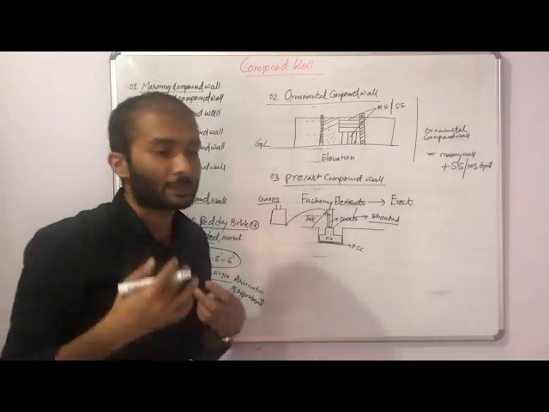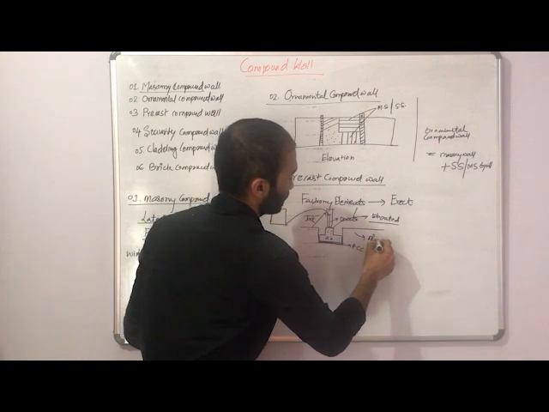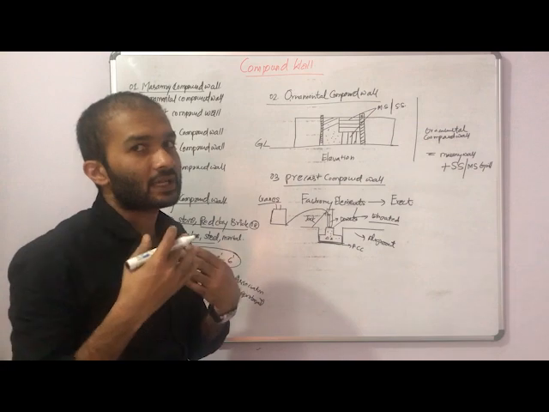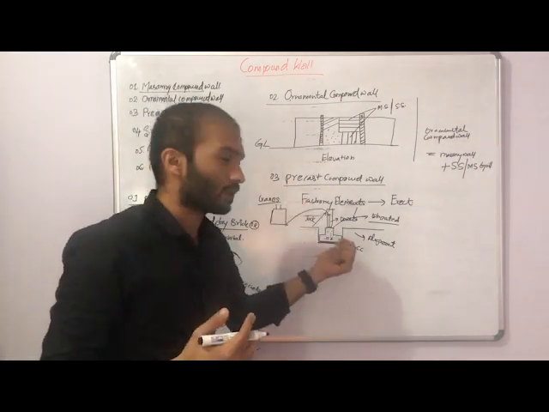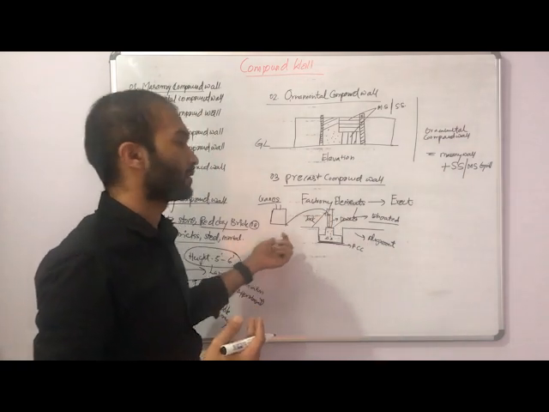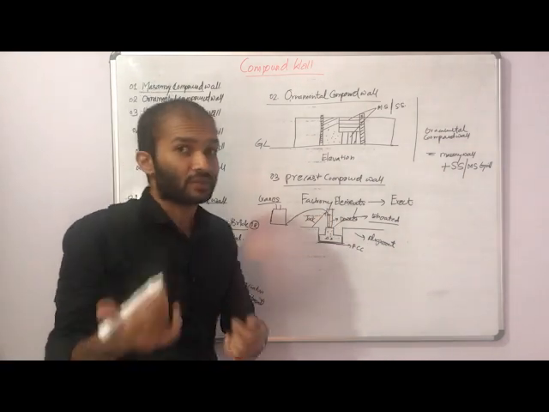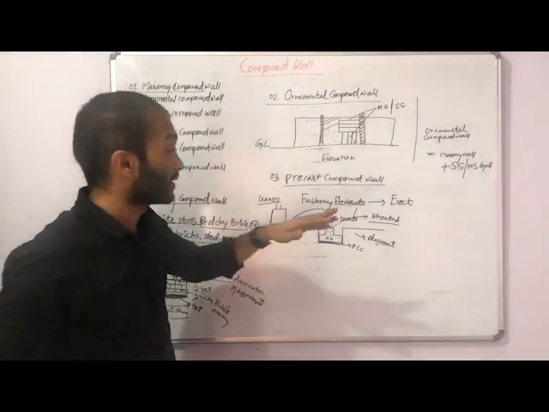Once the erection is complete, we need to do the alignment of these panels. Once the panel is aligned, we need to do proper grout, and then we need to release the jack after maybe 1 day. That means the precast compound wall is simple.